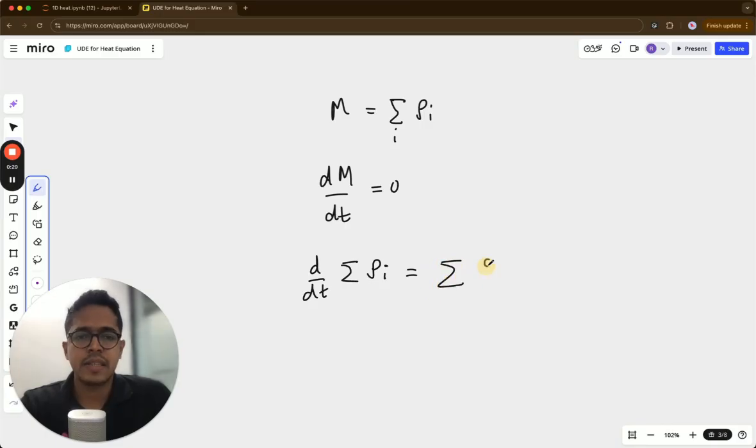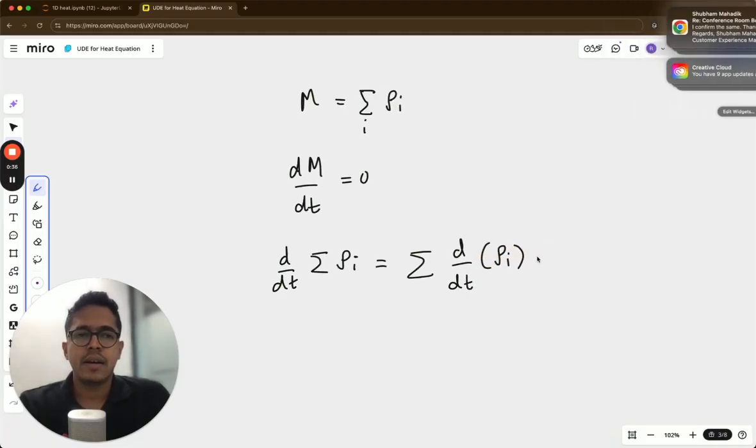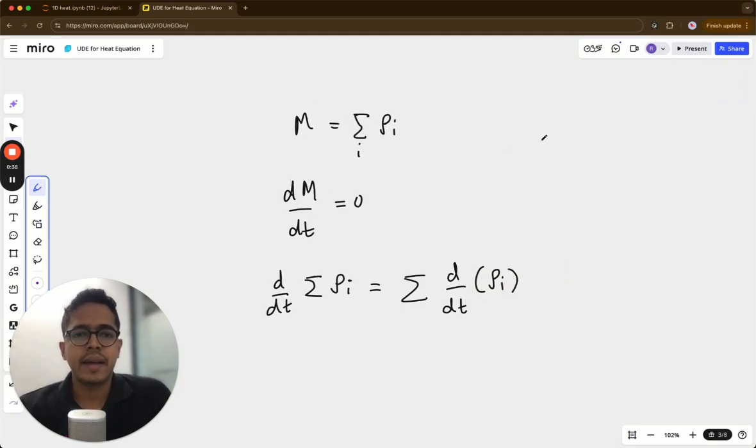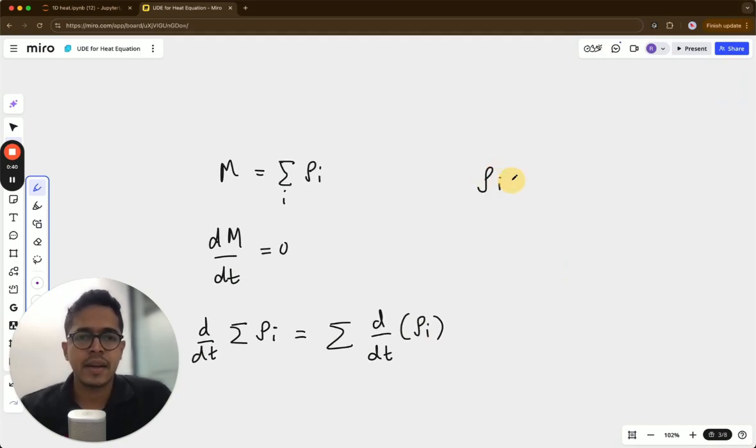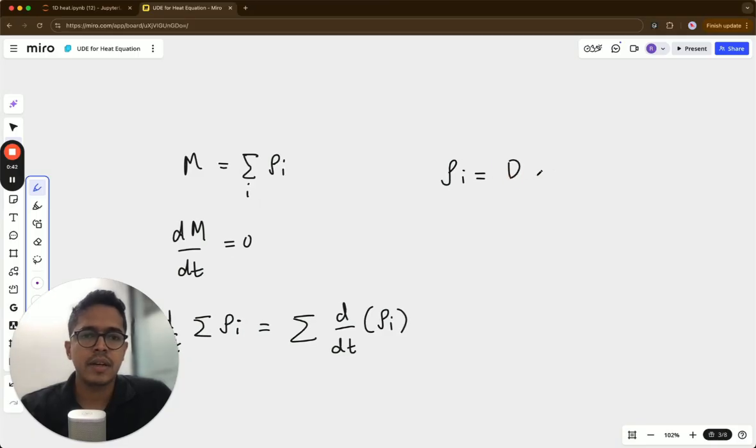So this will become sigma d by dt of rho I, correct? And d by dt of rho I was approximated as diffusion terms multiplied by stencil, right?